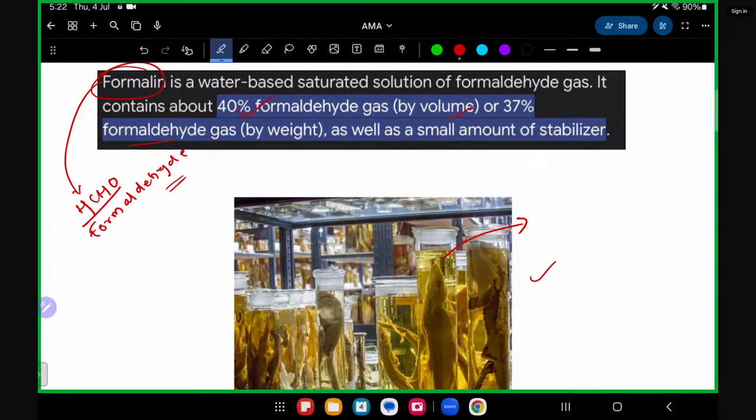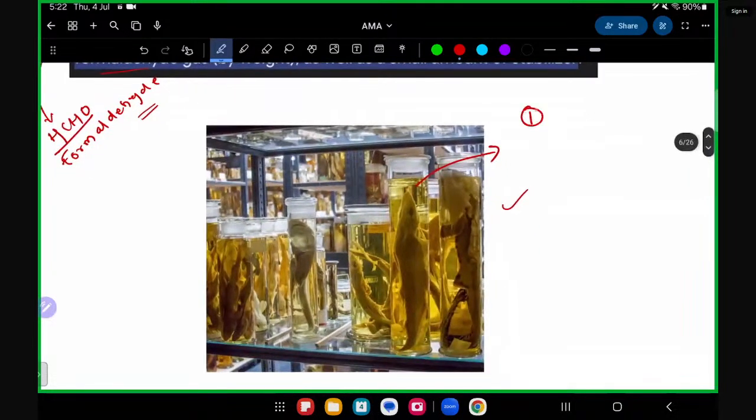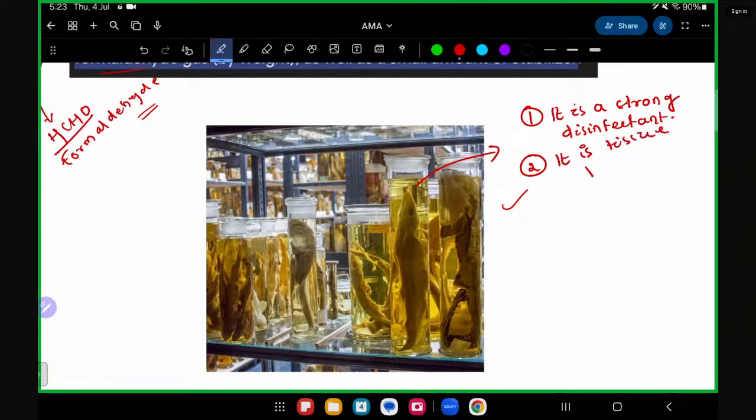What is the function of formaldehyde then? First function, it is a strong disinfectant. Next, it is a tissue hardener.